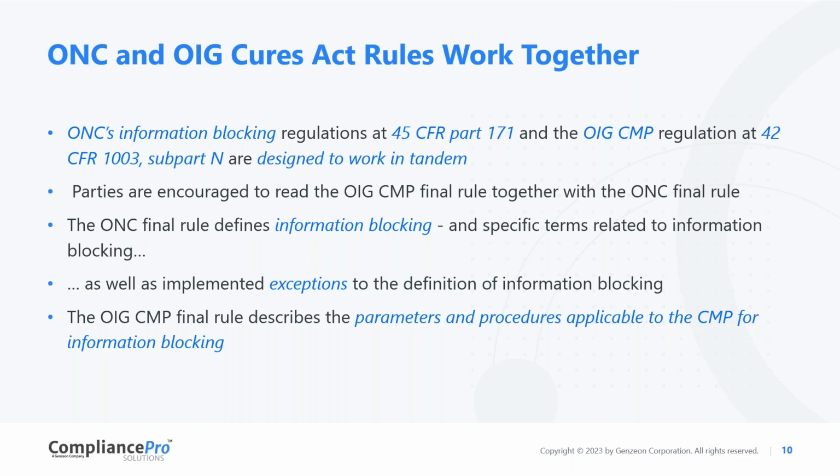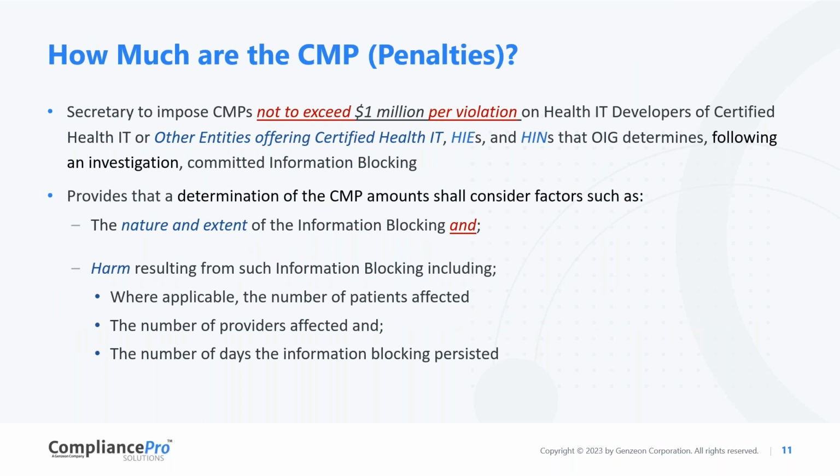That's a part of the rule. So that was built to work together. You actually have a complaint portal now with OIG and ONC. Either way, people can report to either of those two agencies when they think they've had information blocking. So again, it's very important to understand these agencies working together are going to make it much harder in the investigations world because you may have two investigators, three, who knows, it's complicated.